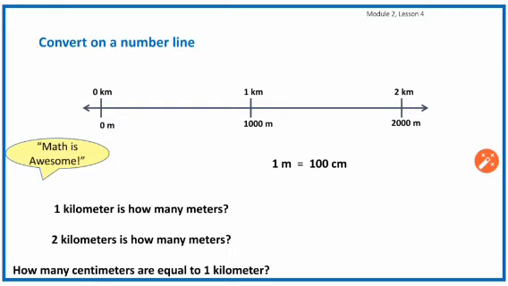So we are looking for how many centimeters will give us 1 kilometer. If 1 kilometer is 1,000 meters, and 1 meter, remember, is 100 centimeters, and 1,000 meters is equal to 1 kilometer, so how many centimeters make up 1 kilometer?